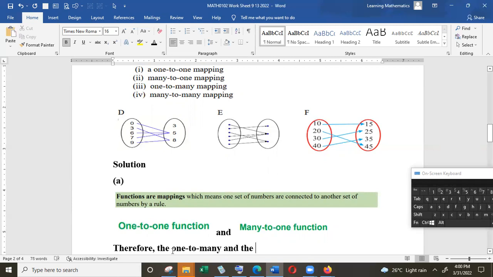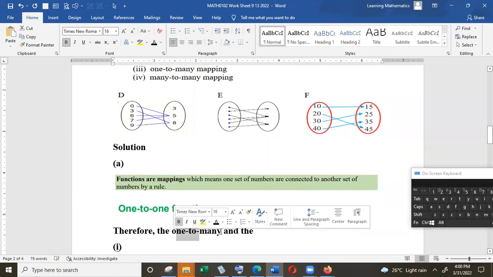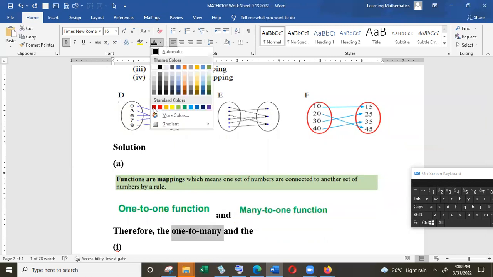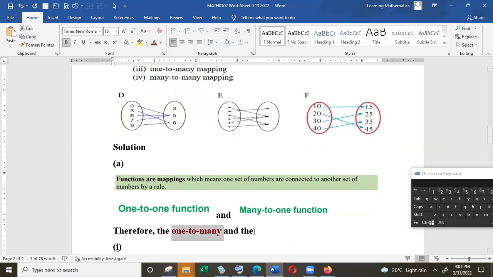So let's color code this: the one-to-many and the many-to-many are not functions.